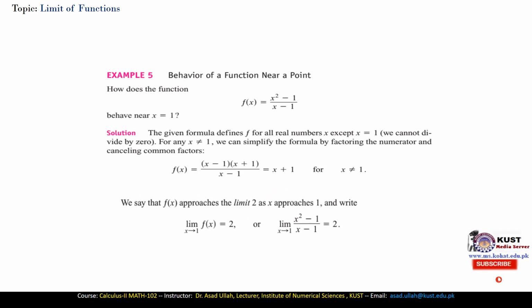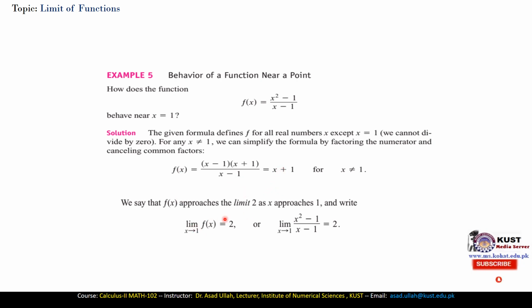The limit of the function is the limit of x plus 1. If we use x is equal to 1, we get 2. So the limit of the function is equal to 2.